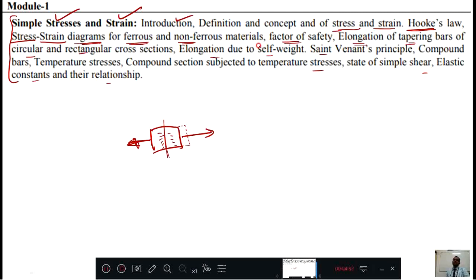Like that many subjects will come in civil engineering. Then strength of materials becomes a foundation for that. The concepts you study in strength of materials, especially in module 1, become a foundation for all the subjects in civil engineering. Therefore this subject is very interesting and very important.